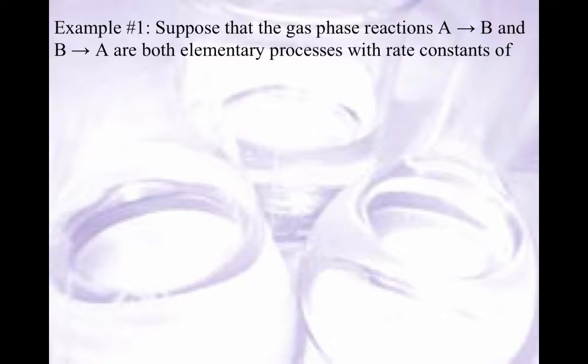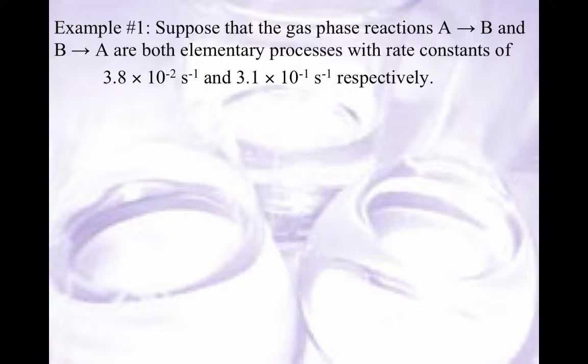Suppose that a gas phase reaction, A goes to B and B goes to A, are both elementary processes with rate constants of 3.8 times 10 to the negative second and 3.1 times 10 to the negative first, respectively. So that means that A goes to B is this 3.8 times 10 to the negative second, and B to A is 3.1 times 10 to the negative first.